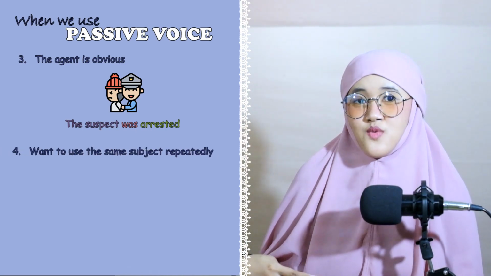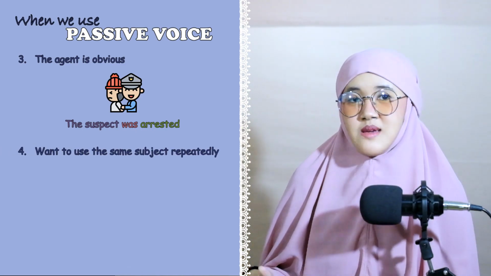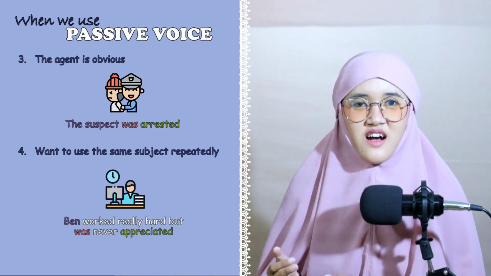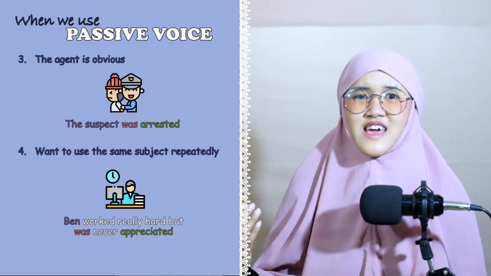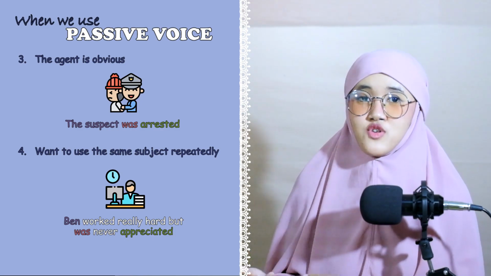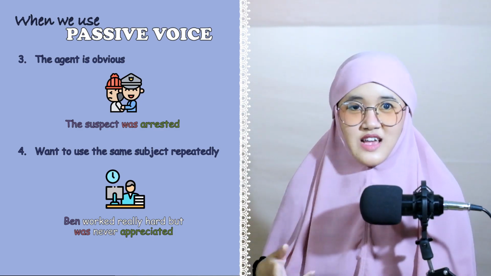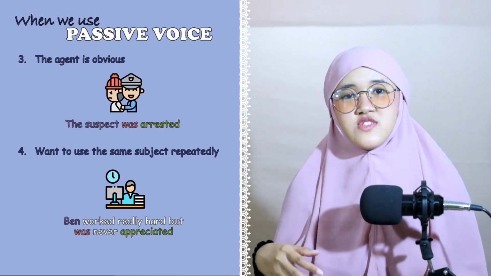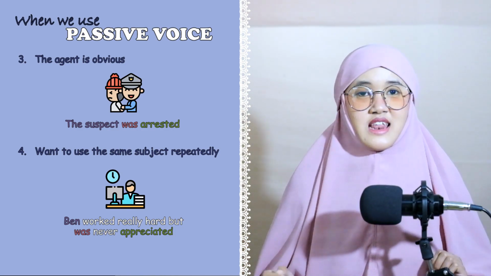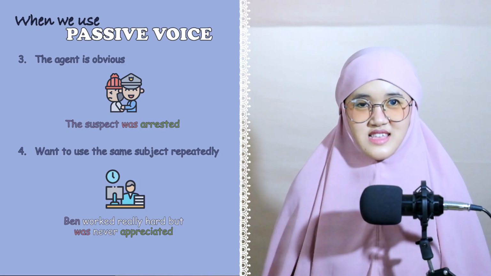Fourth, when you want to use the same subject repeatedly. Ben worked really hard, but was never appreciated. The passive voice can help you make a natural sounding sentence when you want to say that a subject both did something and had something done to it.